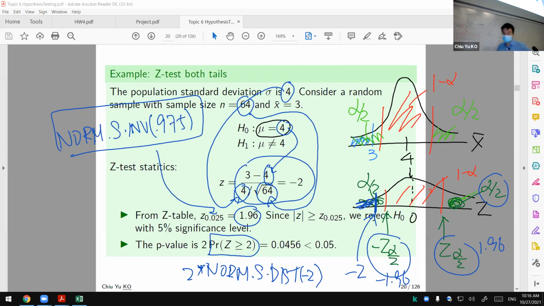Is that okay? Because negative 2 is here, on the left of negative 2 is this dark blue area. It's the same. The norm of negative 2 is the standard thing. Of course, you have to put the 2 here. The only difference is we have multiplied by 2 to compare. Is that clear?